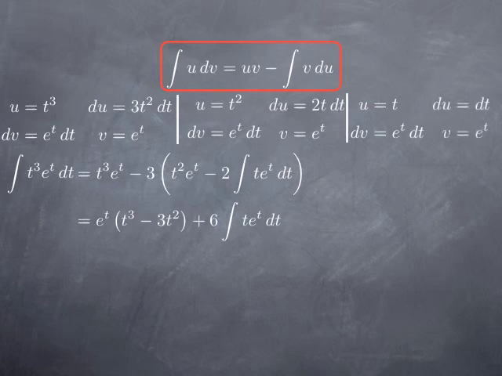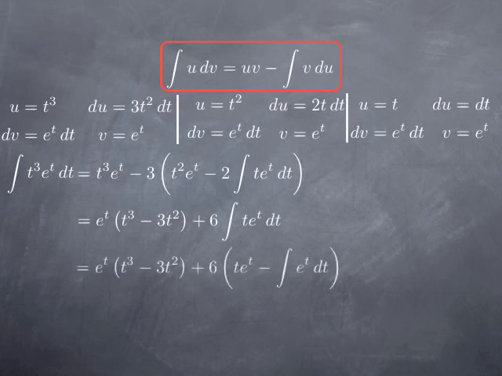So we obtain dt for du and e to the t for v, and apply the integration by parts formula for this integral. So we have the first term that is unchanged, e to the t times t cubed minus 3t squared, plus 6 times what we obtain applying the integration by parts formula, namely uv is t e to the t, integral of v du is just the integral of e to the t dt, but integral of e to the t is just e to the t.